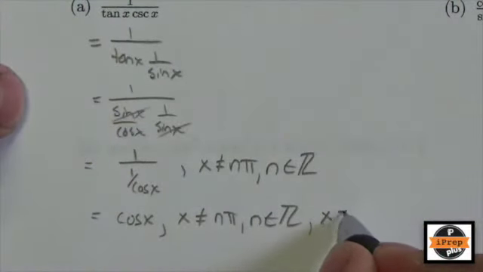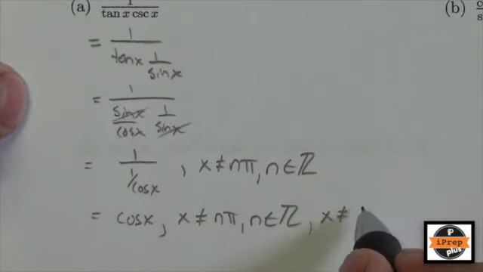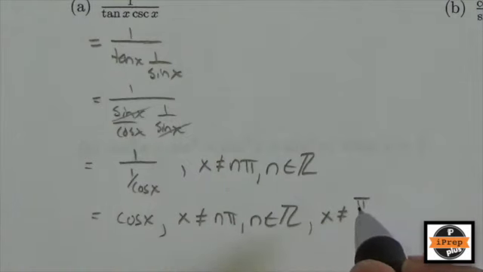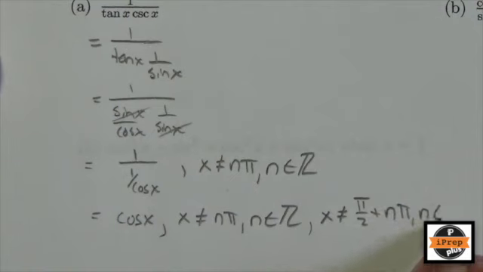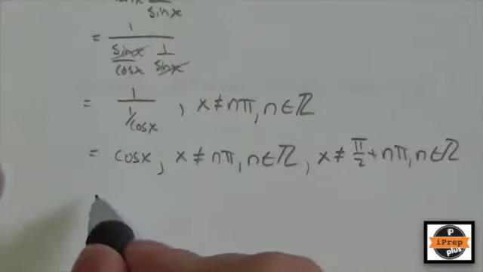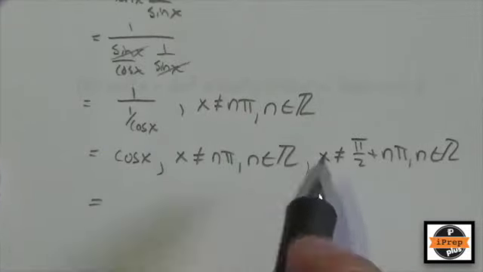So I also cannot let x equal, well, where does cosine go to 0? Well, it goes to 0 at pi over 2. Actually, I can even be at pi over 2 plus n pi, where n is an element of the integers. Now, take a look at what I'm saying here.